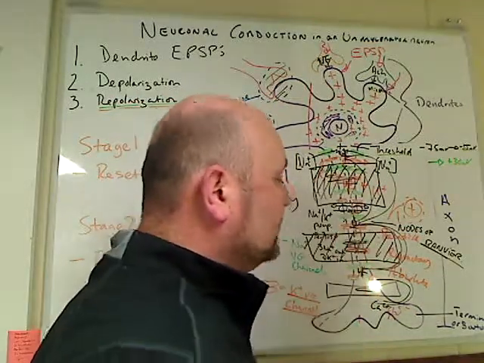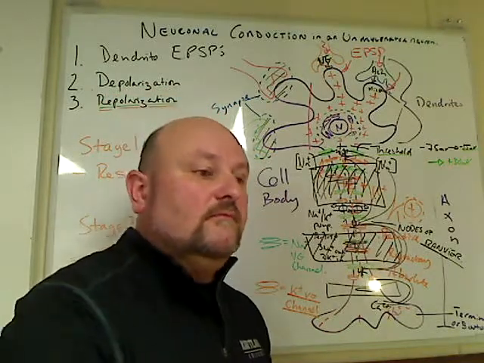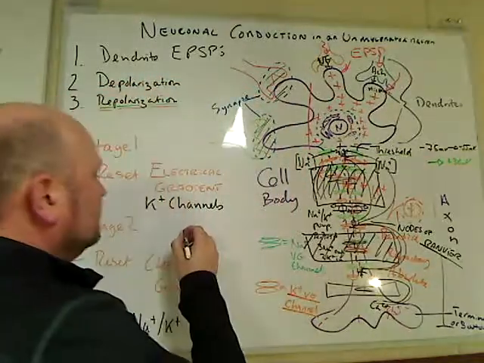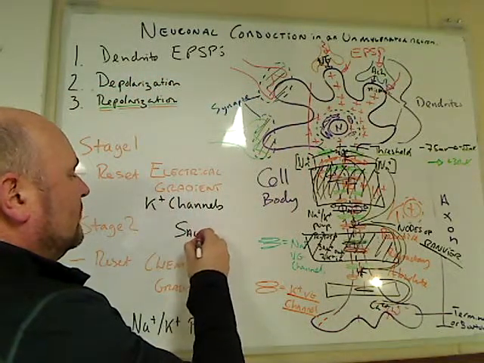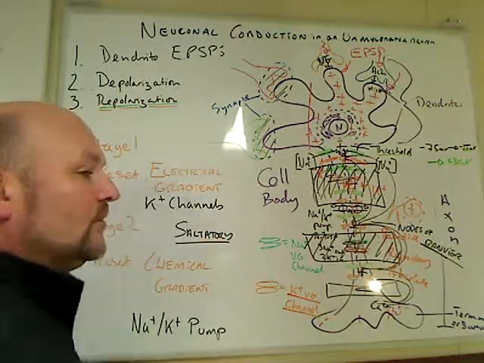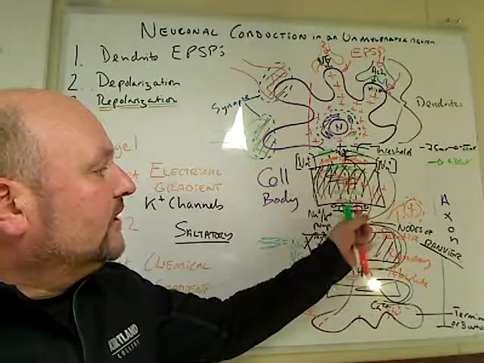So long axons and some long dendrites are myelinated and the signal is jumped along it. That type of conduction is called saltatory conduction, the jumping from one node of Ranvier to the next.